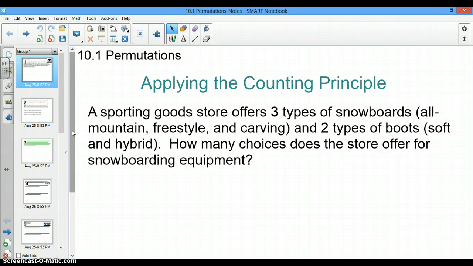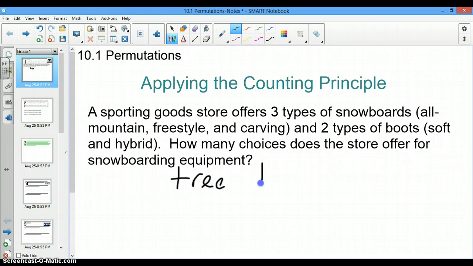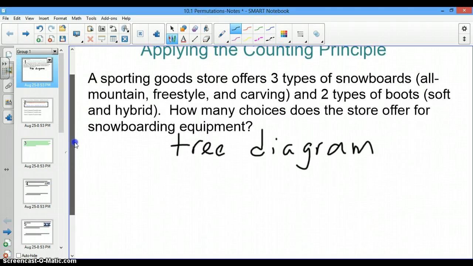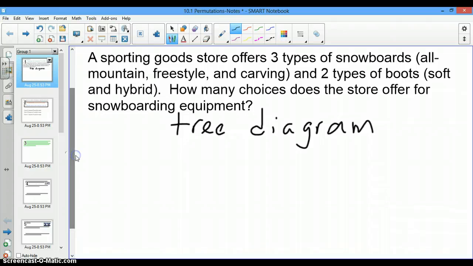Well, one way we can do this is draw a tree diagram. Now that tree diagram will outline pretty much everything that we would need, and show all the possible combinations that a person could choose for their snowboard or boots.